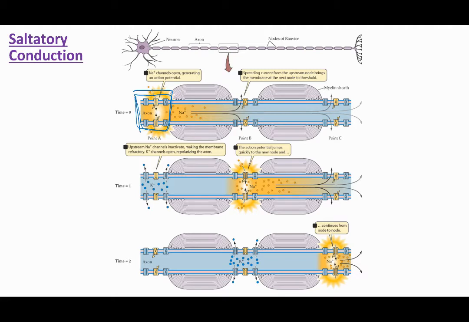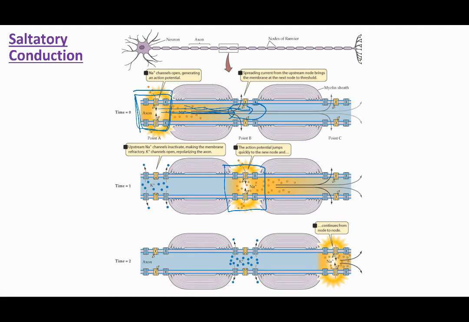Sodium ions rush in, those are the little yellow circles, and then they move through the axon underneath the myelin to the next node. The reason is diffusion, but also charge attraction. Down here where it's blue is still negatively charged, so these little positive ions are moving to where there's a negative charge. They flow through the axon to the next node, and that becomes a stimulus that causes depolarization at the next node.